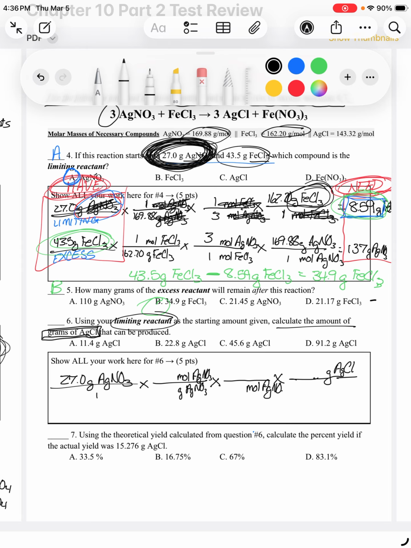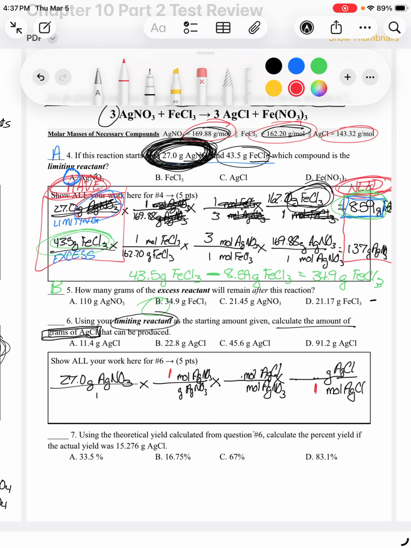This might feel repetitive, but if you don't follow this method, it might lead you into dangerous waters of error. And moles of silver chloride into grams of silver chloride. Note our numbers. 1 goes beside moles whenever it's a mole to gram conversion. We're going to use the molar masses given to us at the very beginning, up here, right? Here's all of our molar masses.